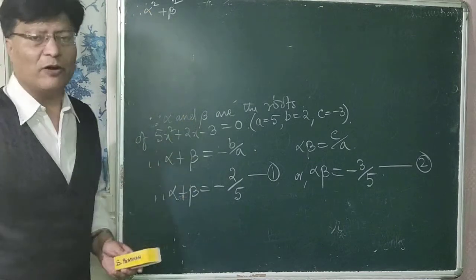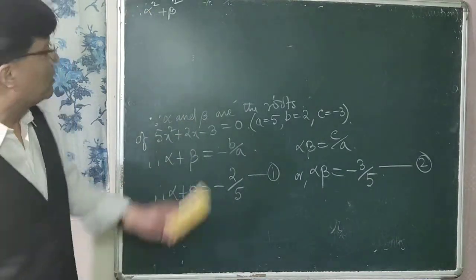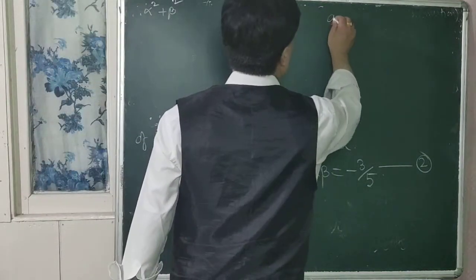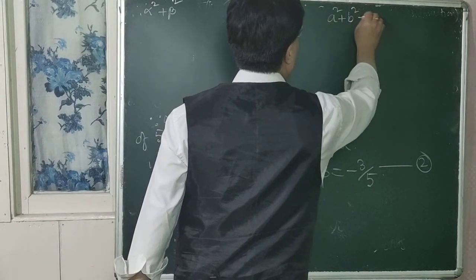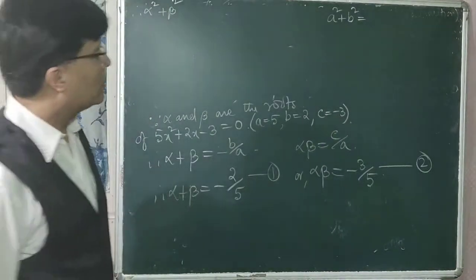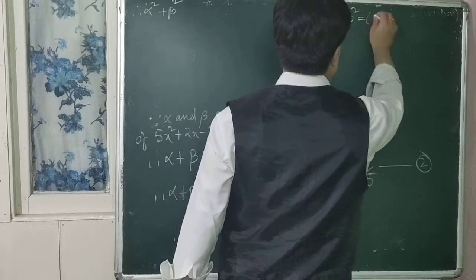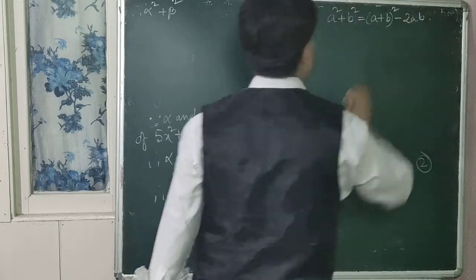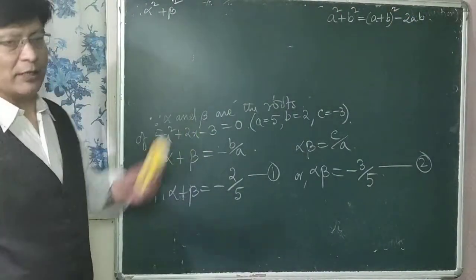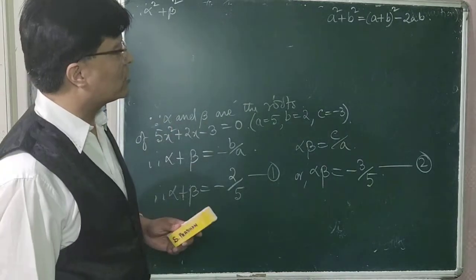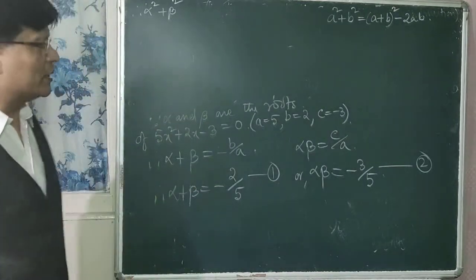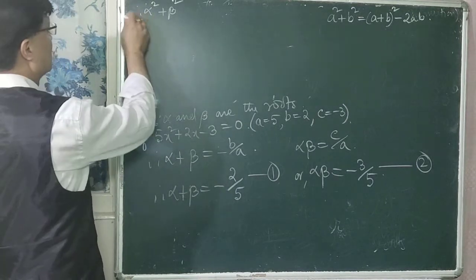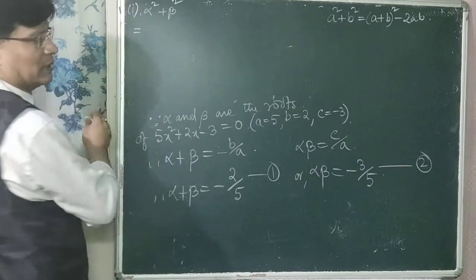In this case you can use a formula. a square plus b square is equal to a plus b whole square minus twice ab. You can use this formula now.